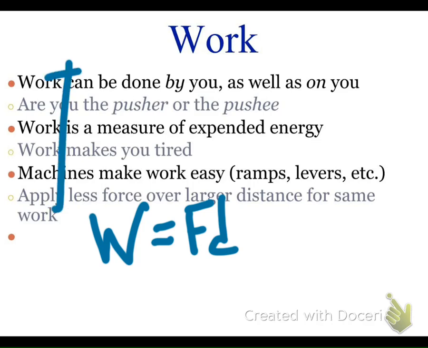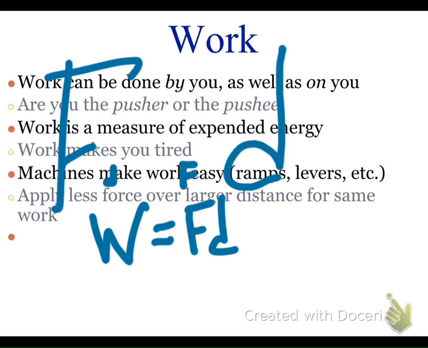We can have these two be equal to each other if we use a machine. Lifting a motor out of a car is kind of hard for us to do with our arms. But with a pulley system, where we pull a lot of chain, we can lift with a much lower amount of force.